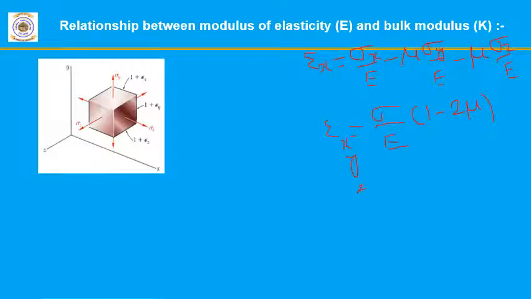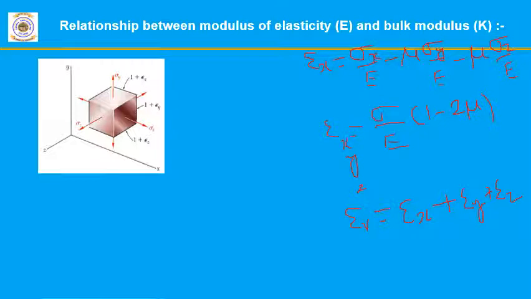Therefore, the volumetric strain. We know volumetric strain epsilon v is equal to the sum of the strains across the different directions: epsilon x plus epsilon y plus epsilon z.